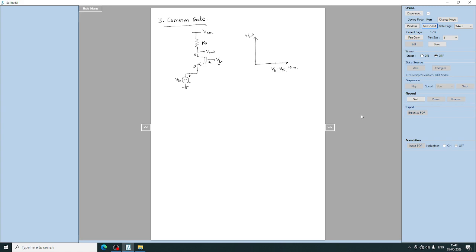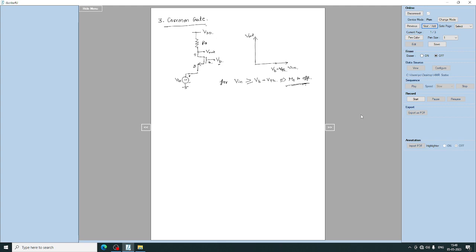For your input V in greater than or equal to VB minus VTH, this makes the transistor M1 be in the off state.